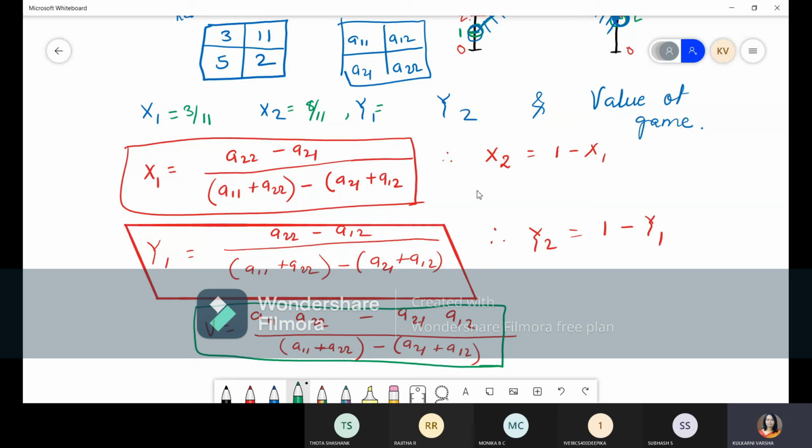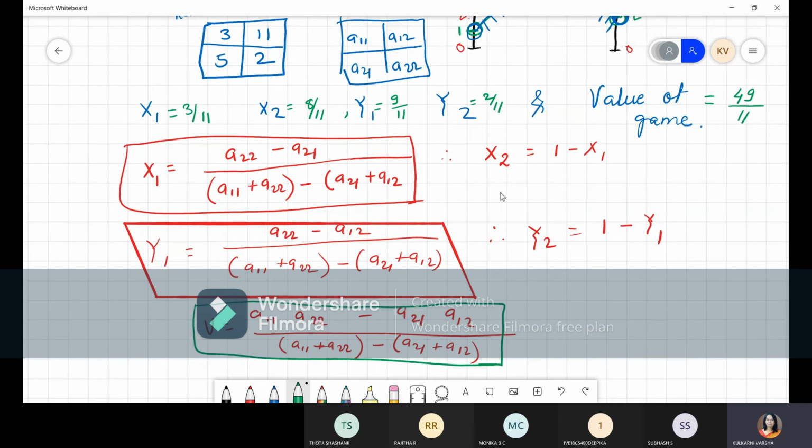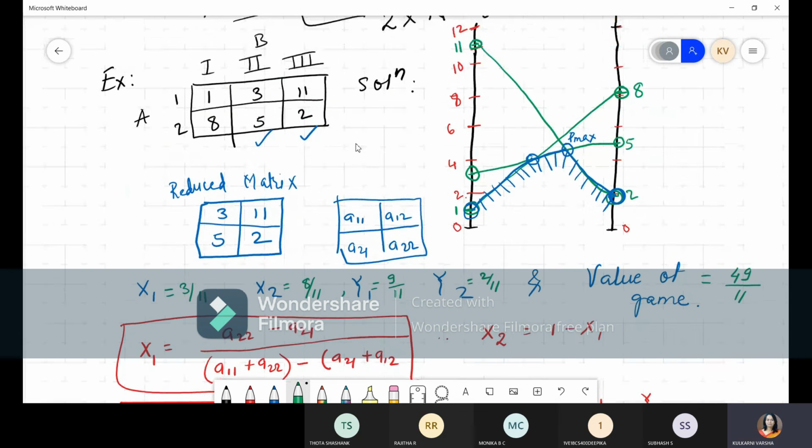Then y1 is equal to 9 by 11, and therefore y2 is 2 by 11, and the value of the game v is 49 by 11. So put the values in the formula and find out the values, you will get this answer. Okay, so this is the way you have to use your graphical method to solve this game. Is it clear?